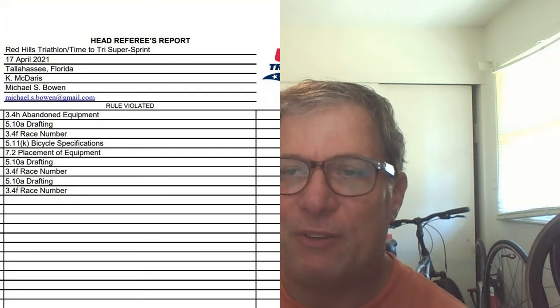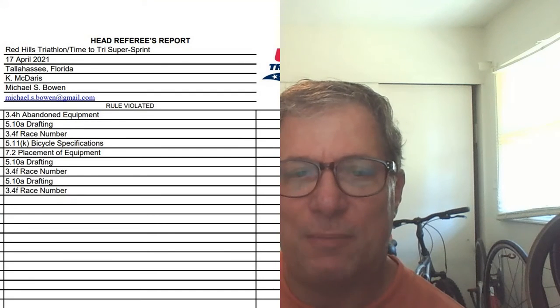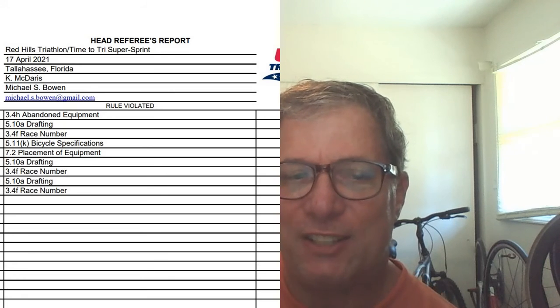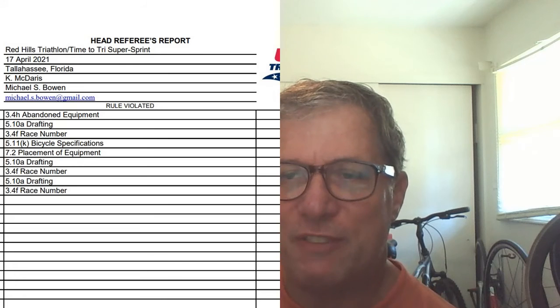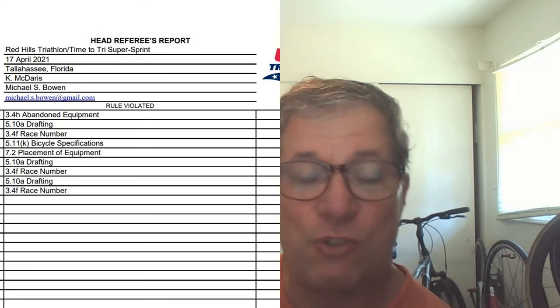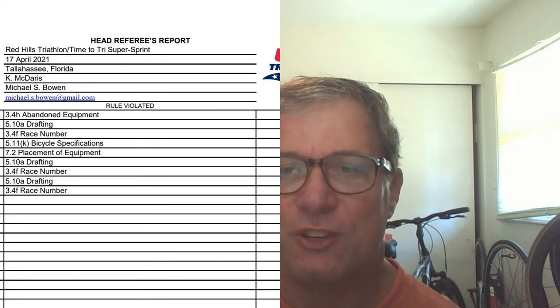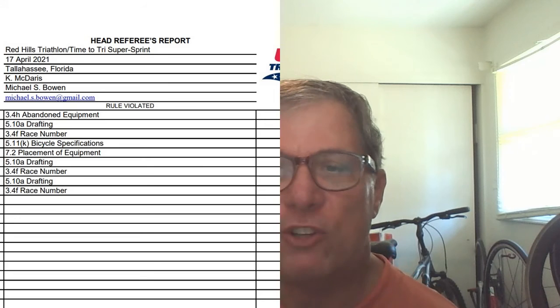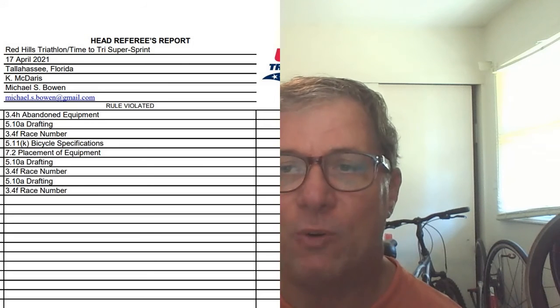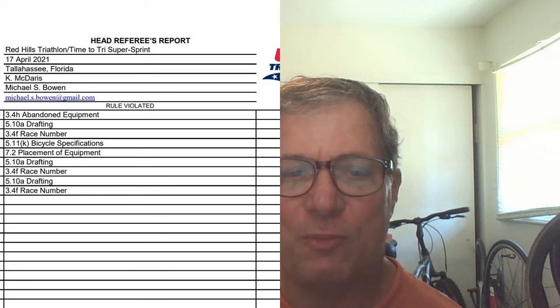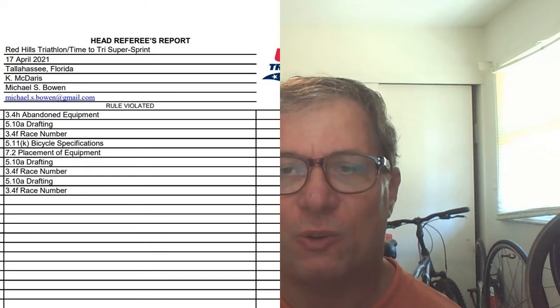Okay, so the head referee writes a penalty report. It says here's the number of the people who had rule violations, and the rule that was specific, and the amount of time penalized or disqualification in some cases. That penalty report goes to the timer and the race director to confirm and to adjust any sort of results.